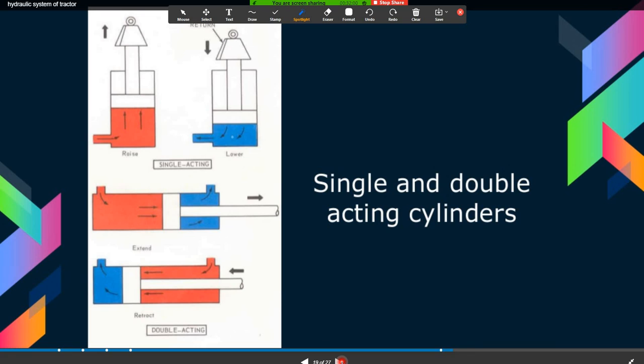Another important part of the system is the cylinder. There are two types of cylinder, single acting and double acting. This is a single acting and one is the double acting.